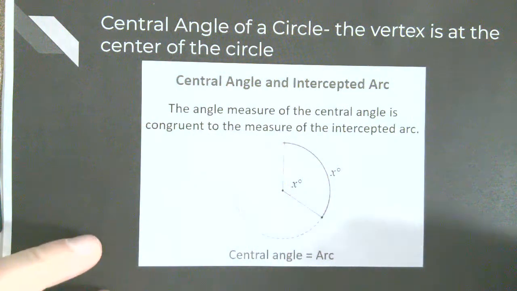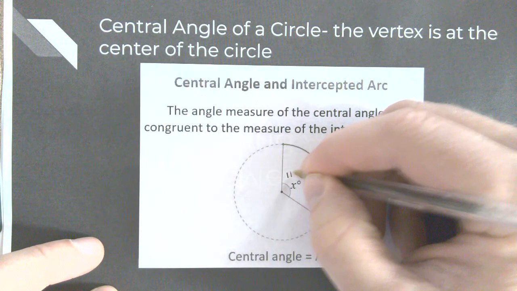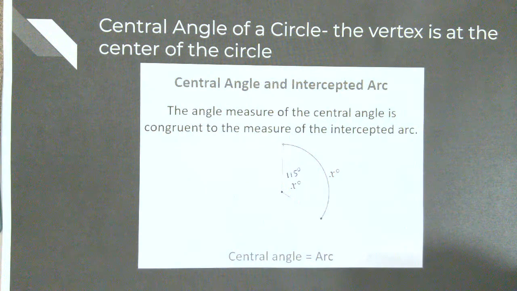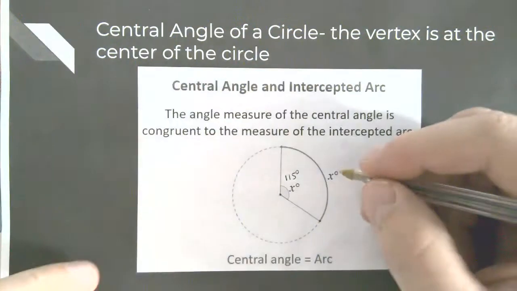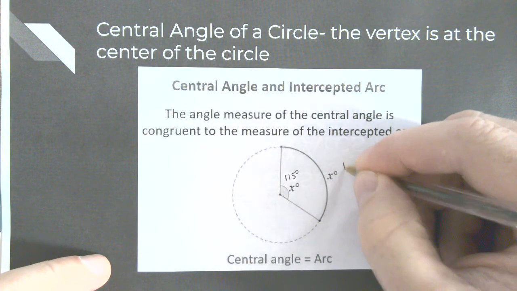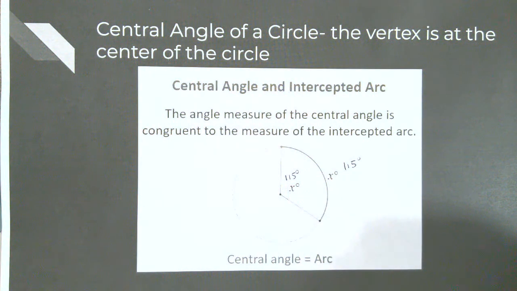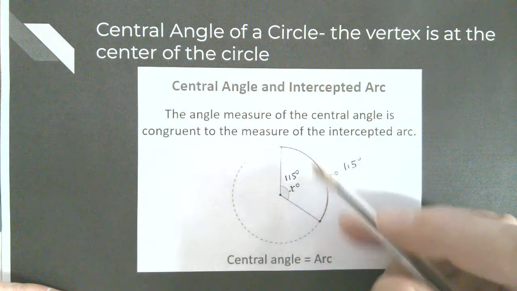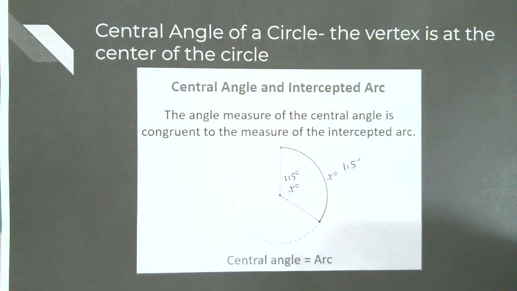If I told you this central angle was 115 degrees, the one thing that we know in a circle is if the central angle intercepts an arc, the intercepted arc measure is also going to be the same degree measurement. So in this picture, the central angle and the intercepted arc are both going to be 115 degrees.